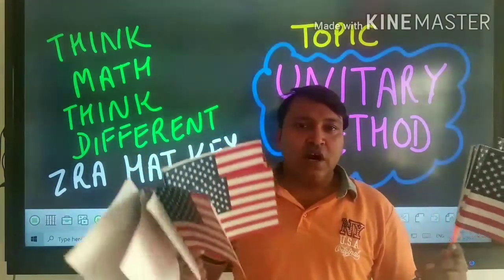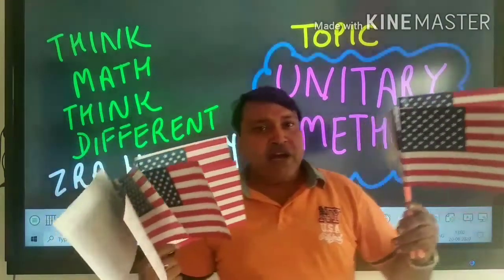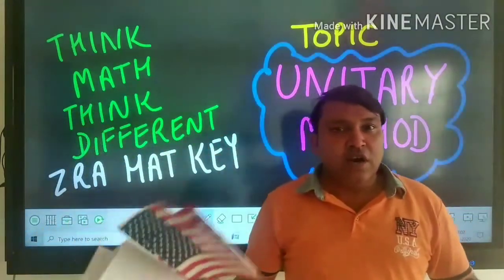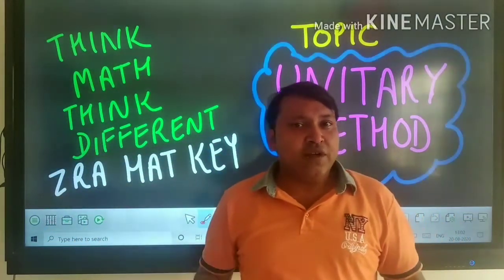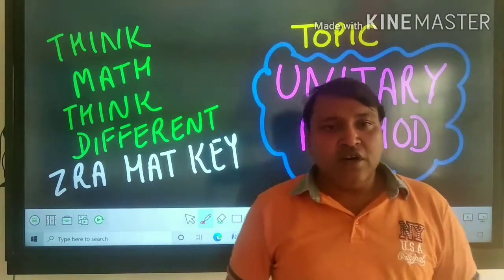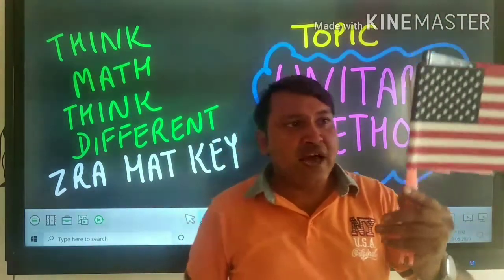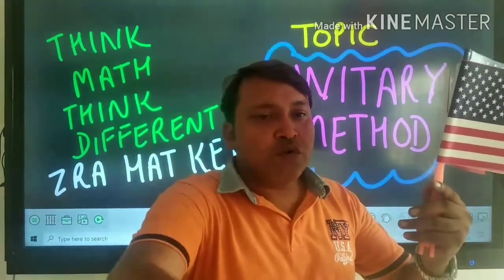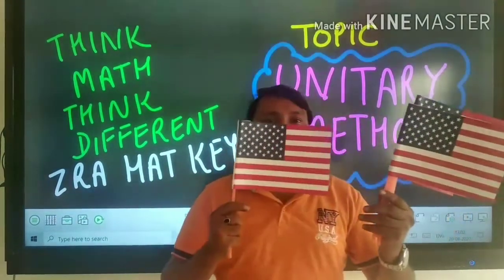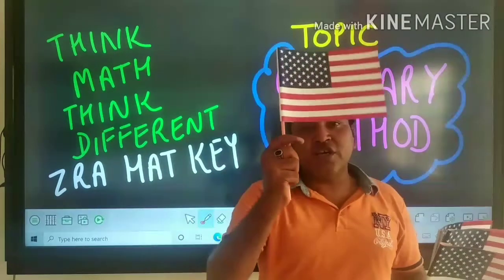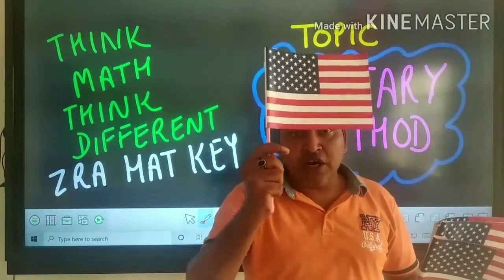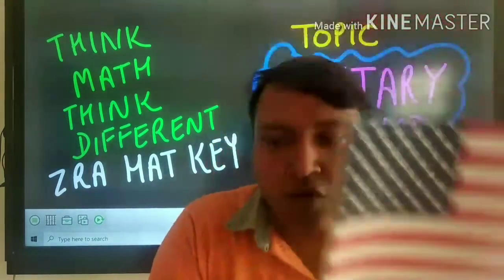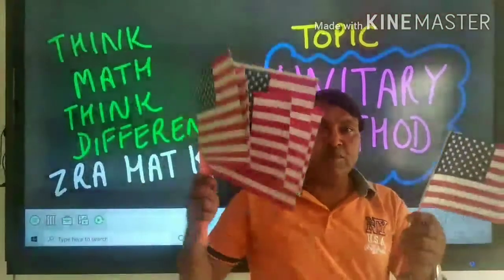Okay student, now how will I reach from this question part to that answer part? Now this approach is called the unitary method. In the unitary method we will take the help of this given part to find the cost of a single flag. This single unit's cost will be found and used to find the cost of the question part.